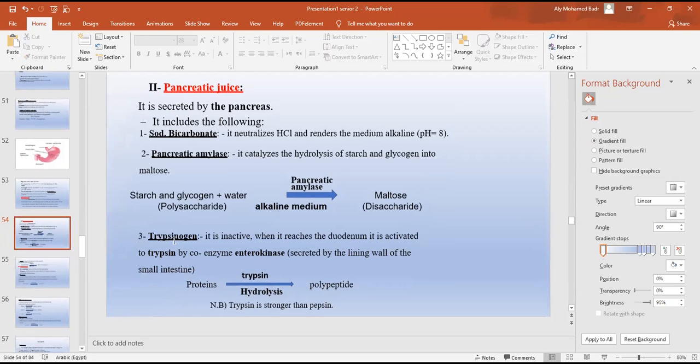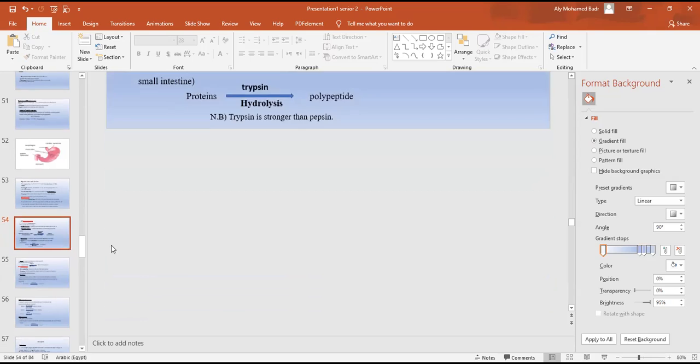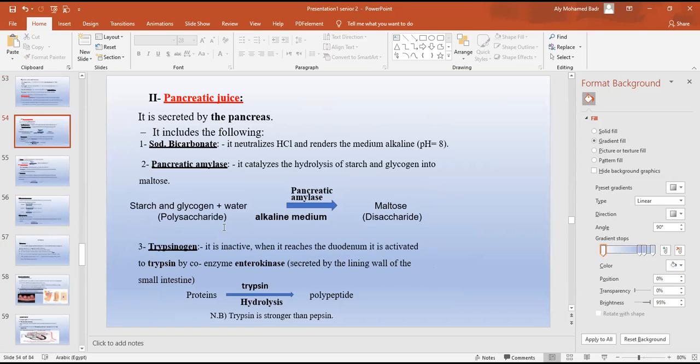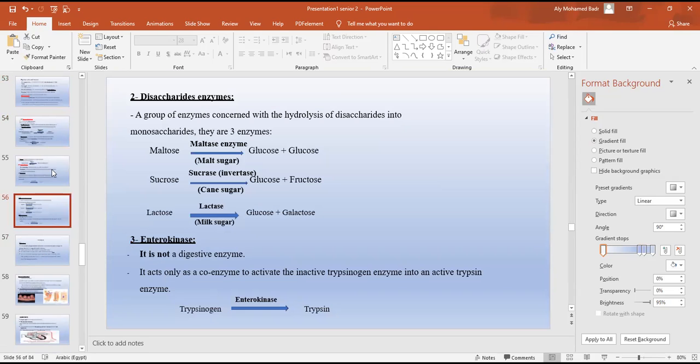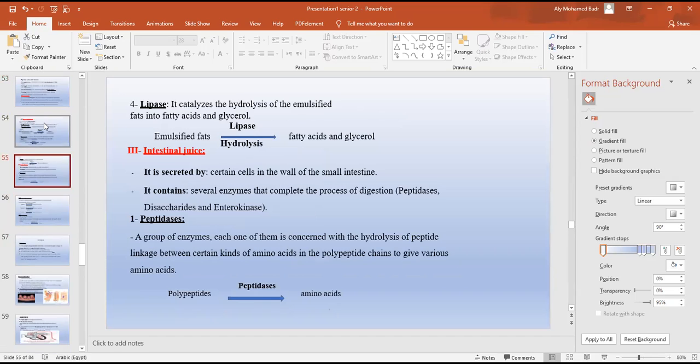Okay, let's move to the other part. The lipase is another enzyme of the pancreatic juice.